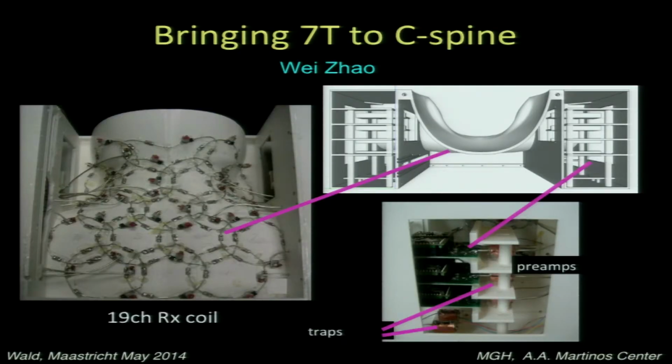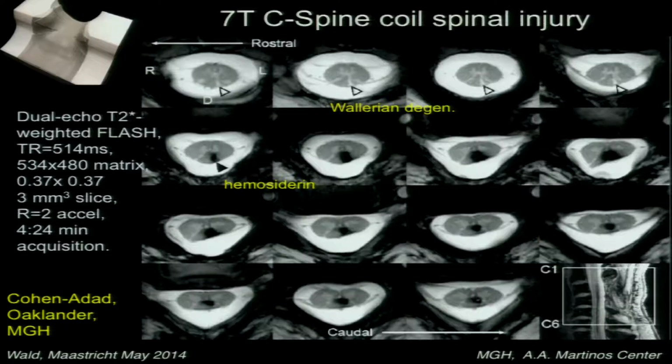And we went on to make a C-spine coil for 7T. This is a 19-channel receive array just for the C-spine. You can see it's sort of anatomically shaped. And sure enough, the T2 star-weighted images, high resolution, about the same as we get in the brain, are just beautiful.